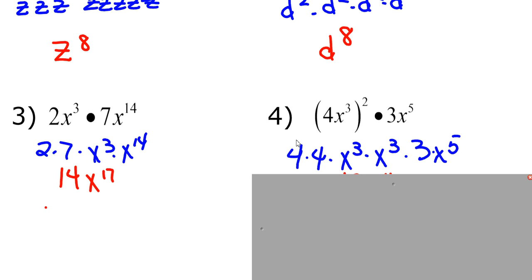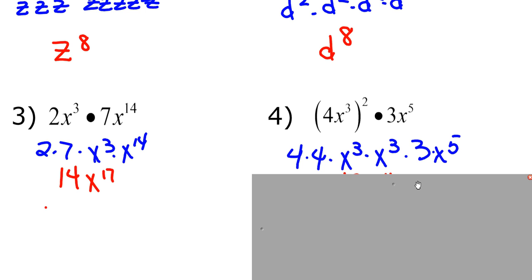Well, we could take our coefficients of the 2 4's and the 3 and multiply those together. And then x to the third, that means you have 3 x's multiplied together here. We have 3 others here, so right now we've got 6 x's, and then x to the 5th means we have 5 x's. So we have a total of 11 x's being multiplied together.